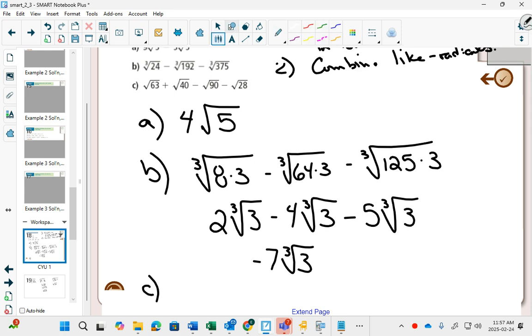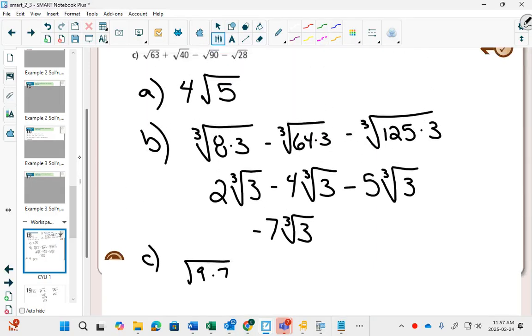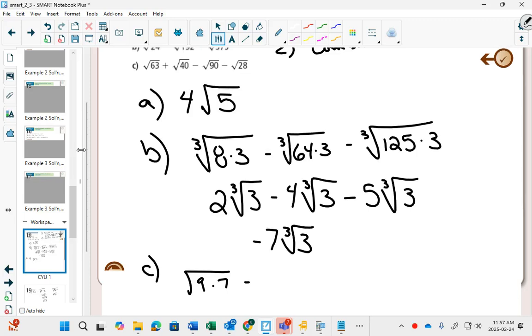And for part C, we have square roots. Now some of you get really good, you could probably simplify them in your head. That's perfectly fine. I'll show the extra work. But 63, is there a perfect square that makes 63? 9 and 7. Plus 40. How'd you break up 40?